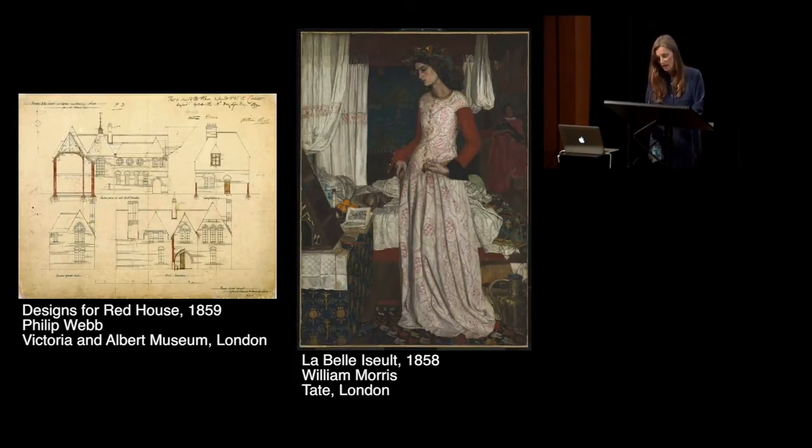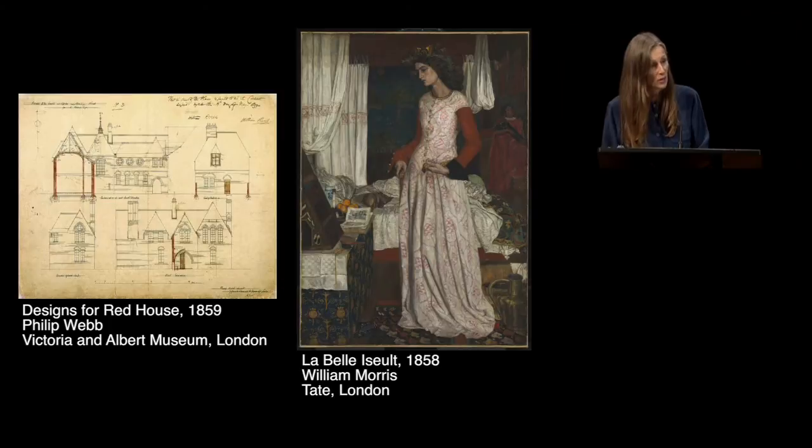Red House realised the medieval setting for Jane Burden's Isolde that Morris had conceived and painted the previous year. Looking at the building as a complex work of art, a youthful collaboration in which poetry, history, painting, architecture and design came together to provide a utopian setting within which artistic lives could be played out, is at least as interesting, I would argue, as the Morris to Gropius view of Red House.